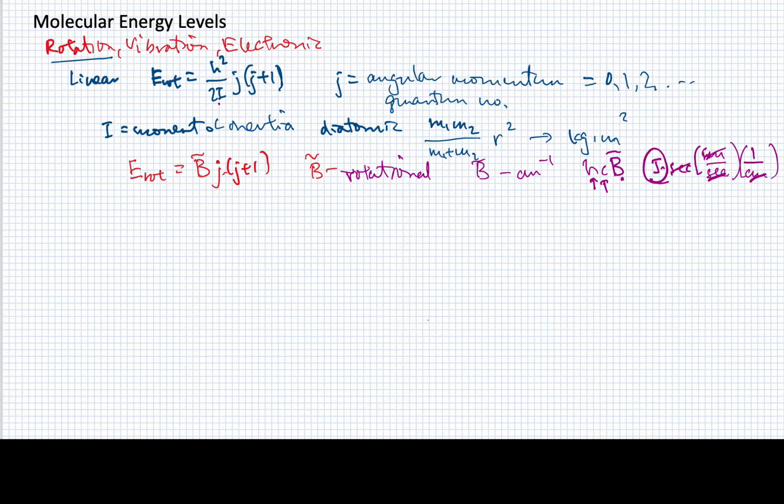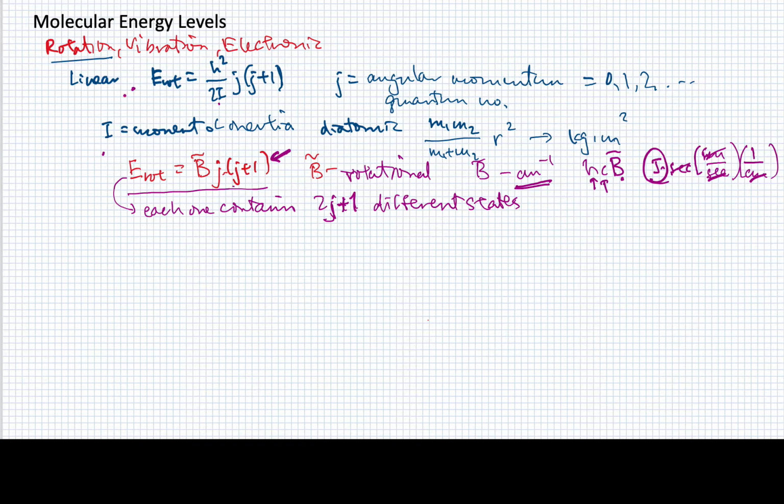Degeneracy in quantum mechanics means things that have the same energy. So if I have 2J plus 1 different and distinct states that have this same energy, that means that there's a lot more of these states than appears by simply the formula for what the energy levels are. Now, these two formulas are applicable to any linear molecule.